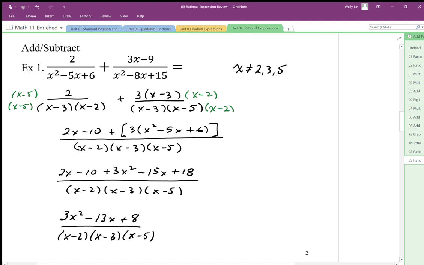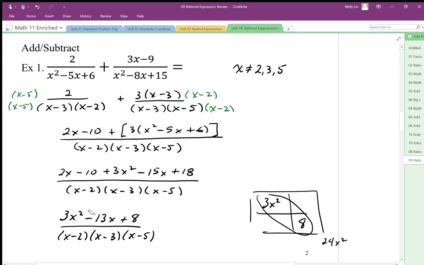Okay, so just double check. It looks like it is factorable, so we should factor that then. So I'm going to use my diagonal product, 24x squared, and two numbers that multiply to 24 and add to 13.